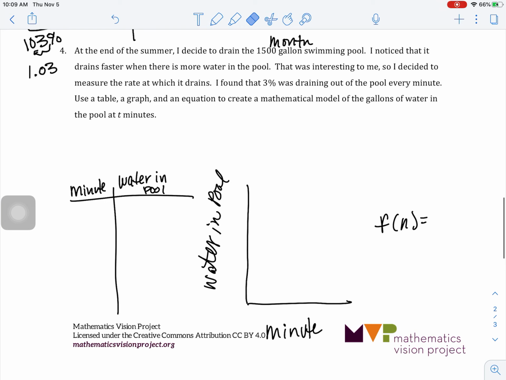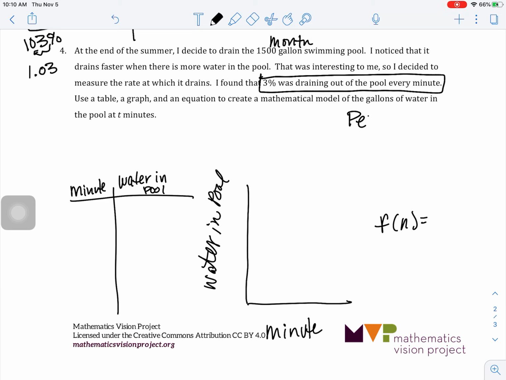Problem number 4 is similar in that we're draining the water and there's a percent. Percents should be a big alarm going off in your head. This time 3% is draining. So we're not adding 3% to our bank account, we're taking away 3% from our water in the pool.